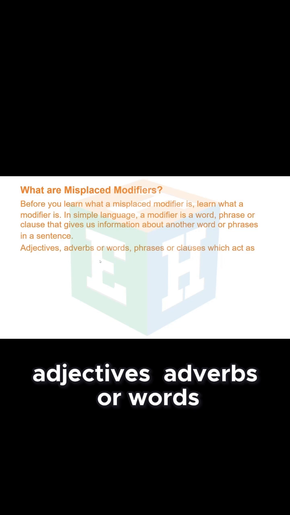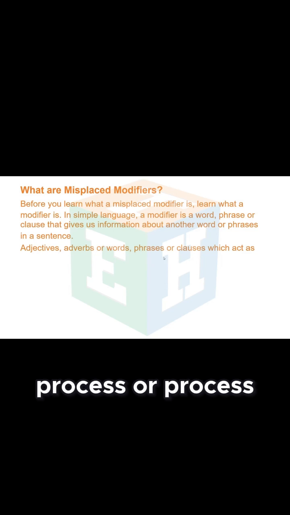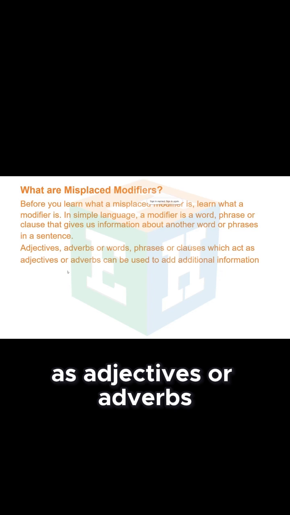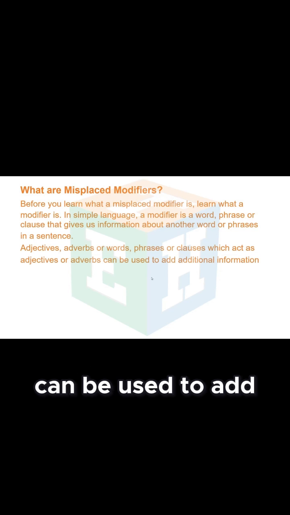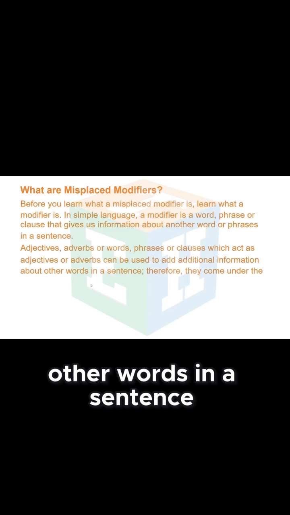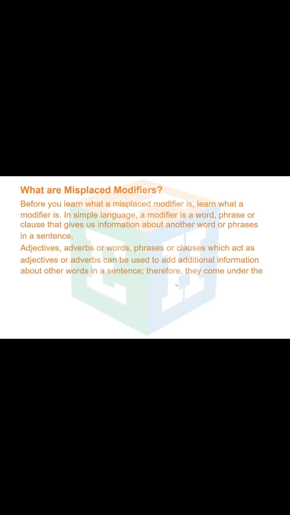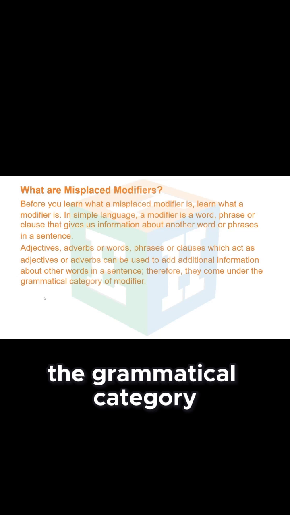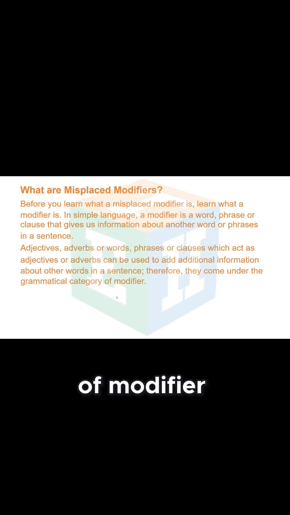Adjectives, adverbs, or words, phrases, or clauses which act as adjectives or adverbs can be used to add additional information about other words in a sentence. Therefore, they come under the grammatical category of modifier.